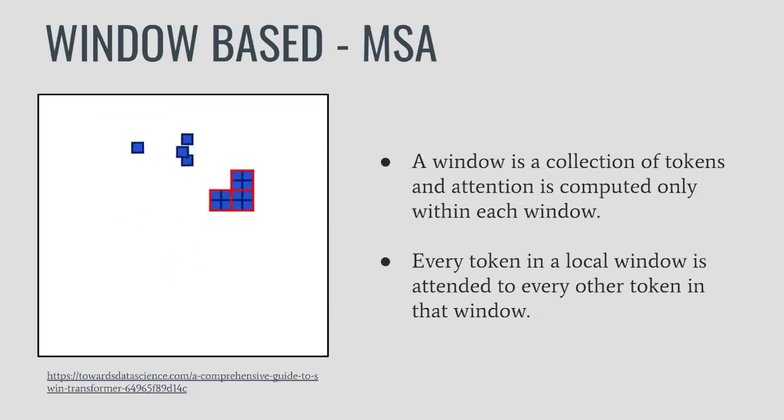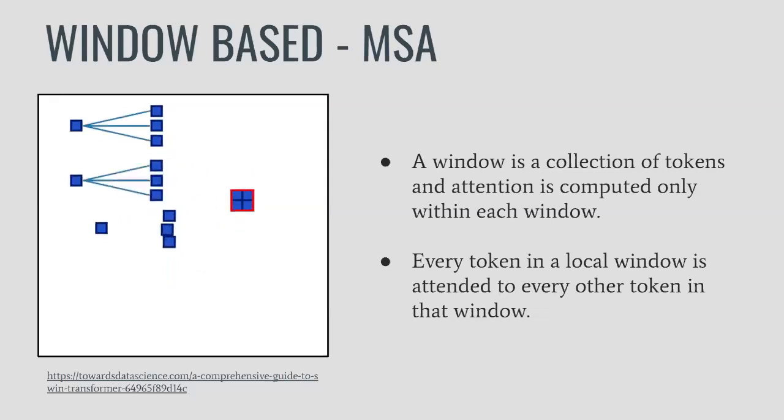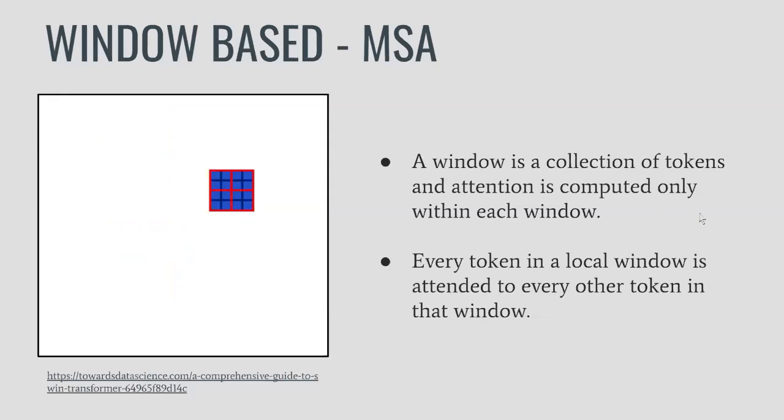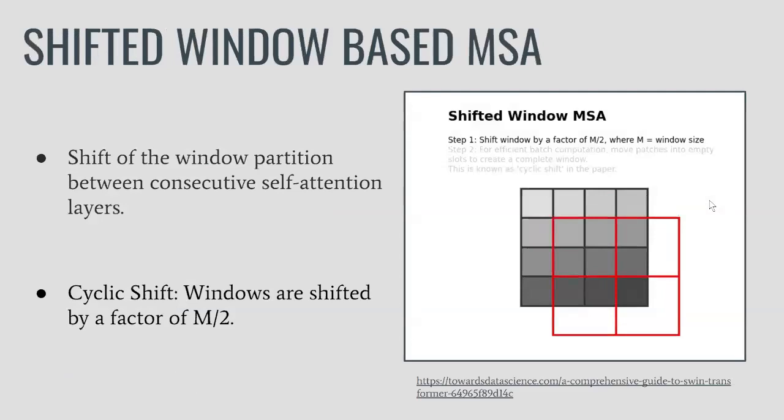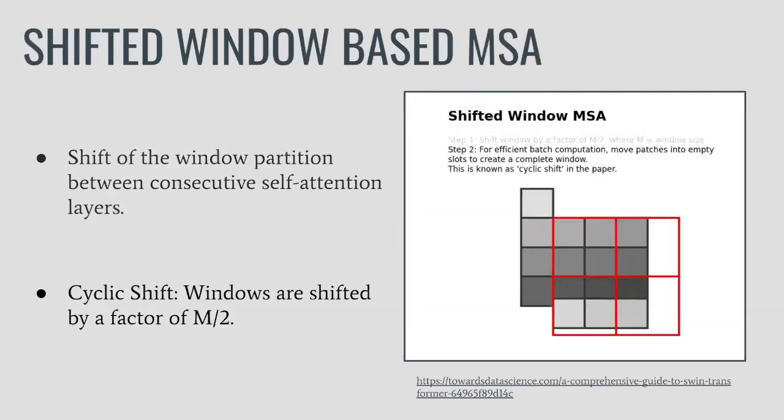And in order to address this issue, Swin transformer uses a shifted window-based MSA module after the window-based MSA module. So first you have the window, and then you have the shifted window, because the window-based MSA module has limiting self attention, and that is the reason to overcome this we use shifted window-based MSA.